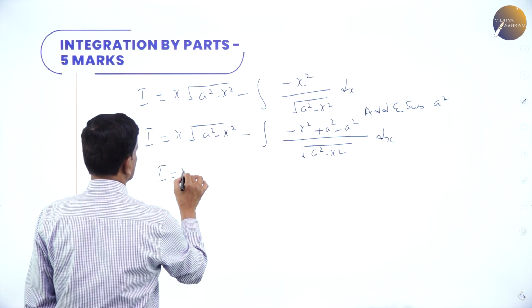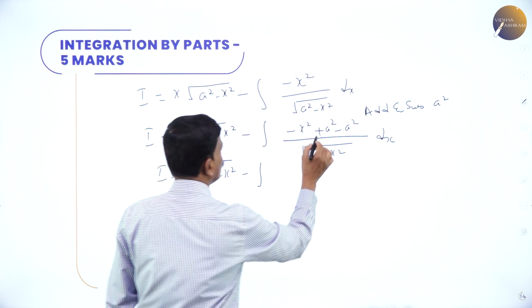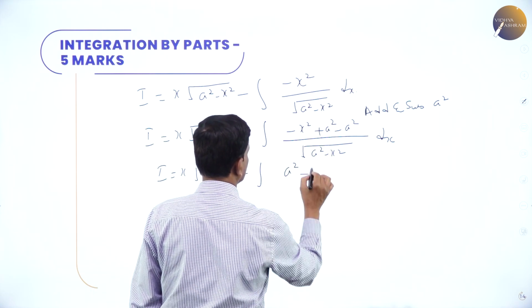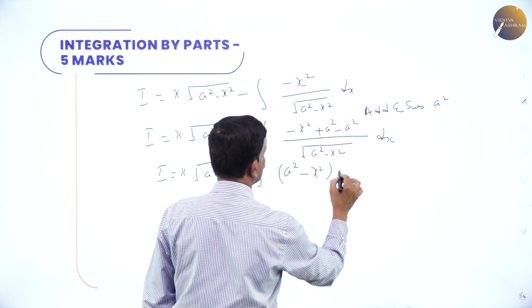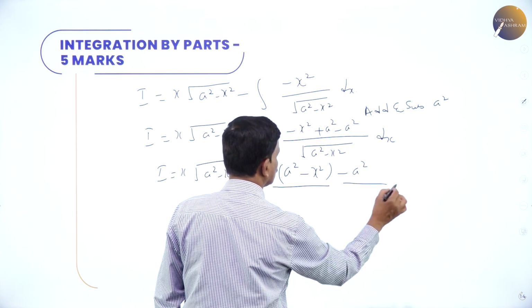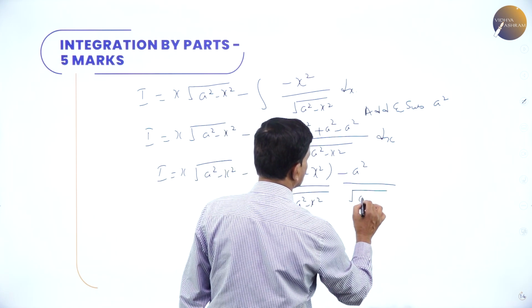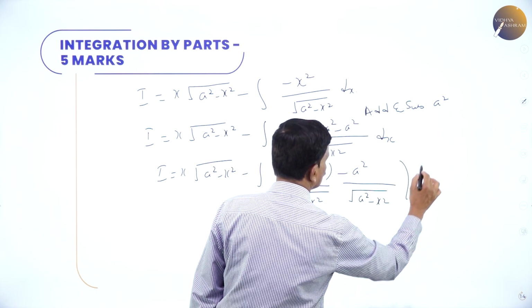Rearrange it. x into root of a square minus x square minus, first write a square minus x square, this is one group, minus a square, another group, term by term division, that is root of a square minus x square into root of a square minus x square dx.